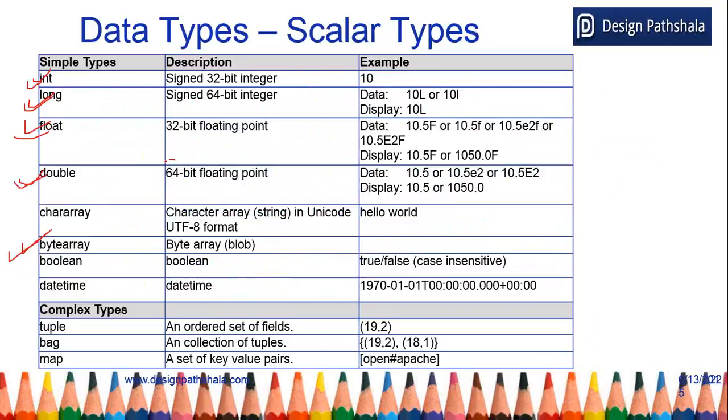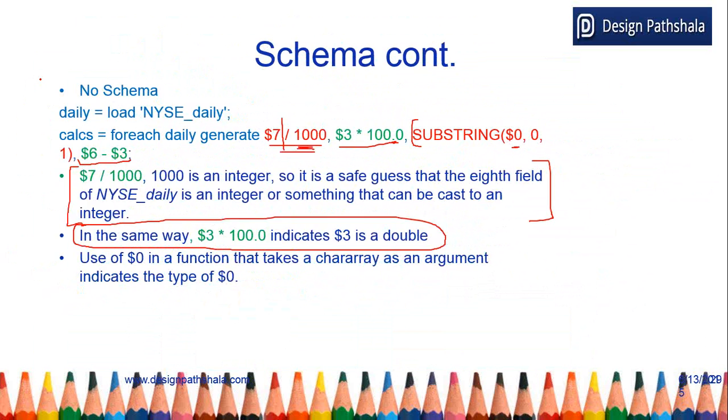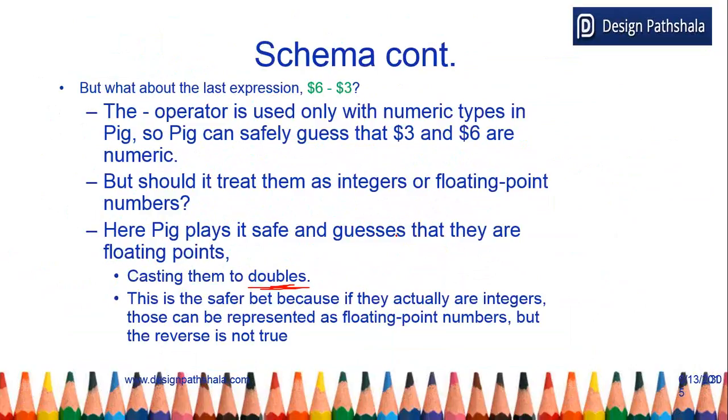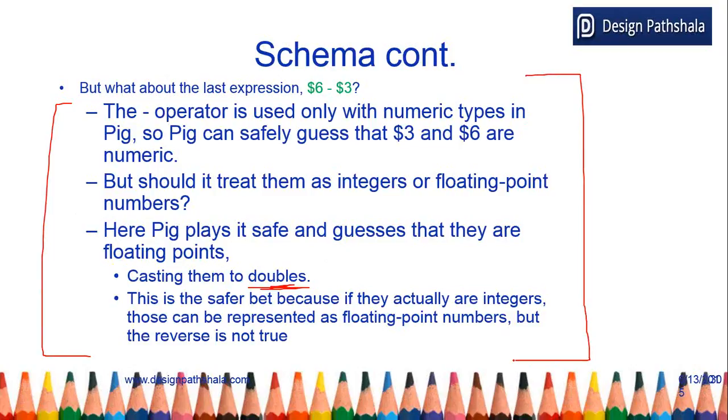You can see double is of type 64 bits, so it can store your float also, your long also, your int also. So here it will assume this as a double rather than float. That is what I was saying, it will always try to play safe and assume the data type of the column to be the safest assumption based on the operation which you are doing on the column.